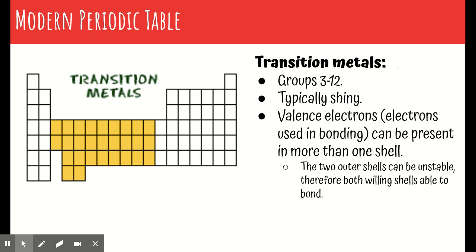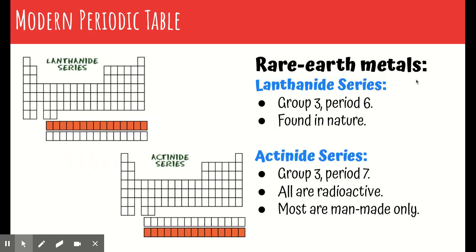So when we start talking about bonding, we'll start talking about metallic bonding, and it's called like a sea of electrons. So they bond kind of in a different way. But for now, what we need to know about these is just this information. So it's this middle section of your periodic table. They can have more than one valence shell, basically, and they can bond in different ways because of that.